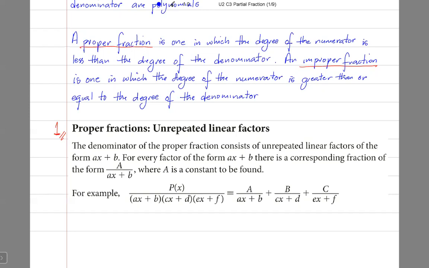For example, p of x over (ax plus b)(cx plus d)(ex plus f) is equal to A over ax plus b plus B over cx plus d plus C over ex plus f. All right, and that might not mean a lot to you, but as we progress, it will become clearer.